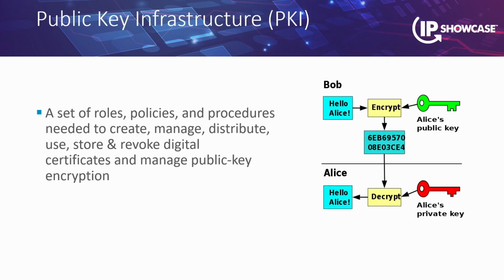So how does this encryption and decryption system work? Well, it's pretty simple from the high level. It uses what's called a PKI, or public key infrastructure. And the idea is that the receiver, Alice in this case, has a public key, and she gives that to Bob, who wants to send a message. So Bob says, all right, I'm going to send you this message that says, hello, Alice.